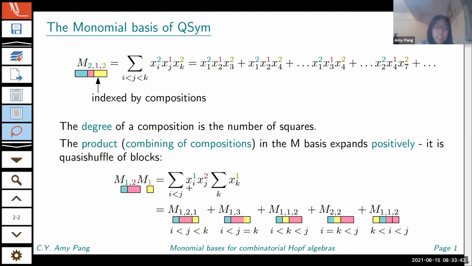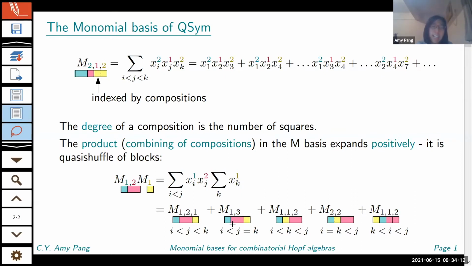So you want to multiply xi, xj squared with xk. And so you think about what k can be relative to i and j. So k can be bigger than i and j, and that would mean that this yellow square goes at the end of the green and the red. Or k can be equal to j, so then the red and the yellow will merge and become a single block.